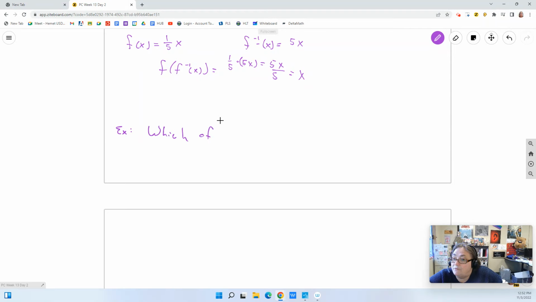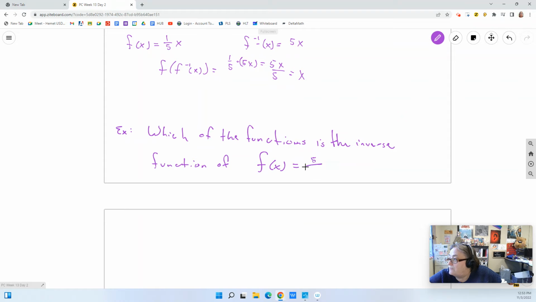which of the functions is the inverse function of f of x equals 5 over x minus 2.